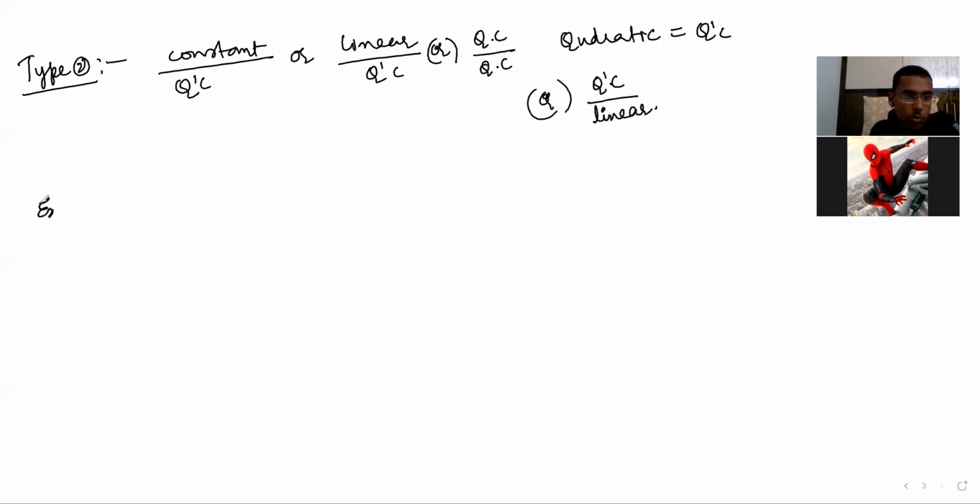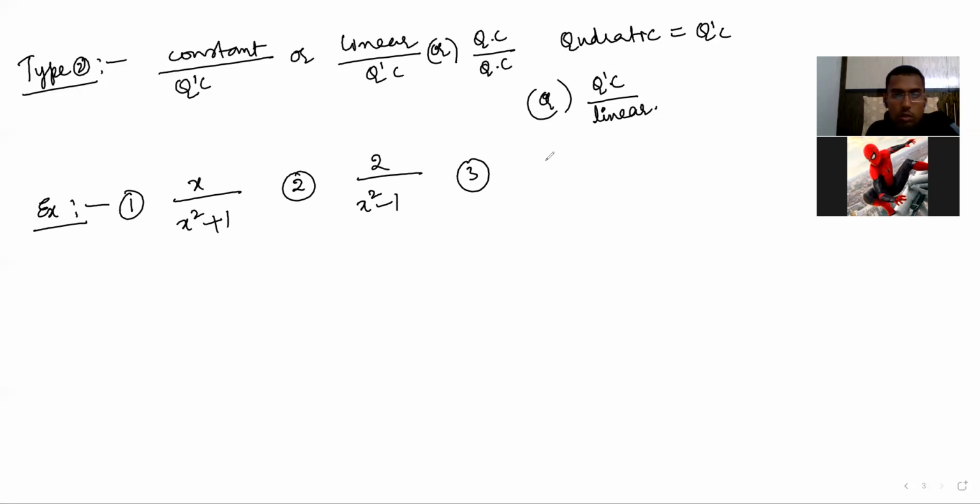Okay, let's take an example. We'll take a few simple examples. Example one: x by (x square plus 1). Second: 2 by (x square minus 1).